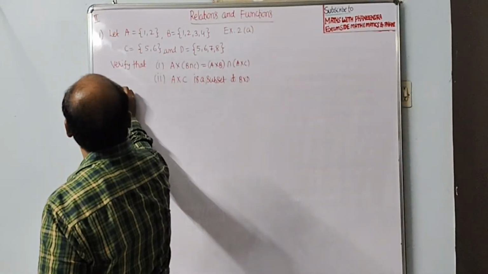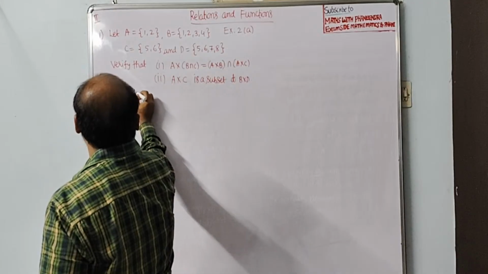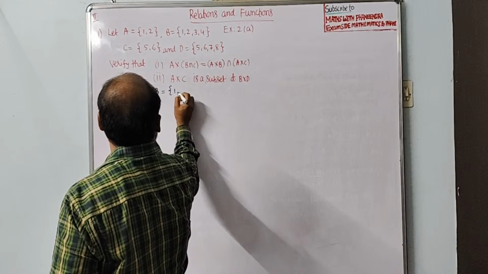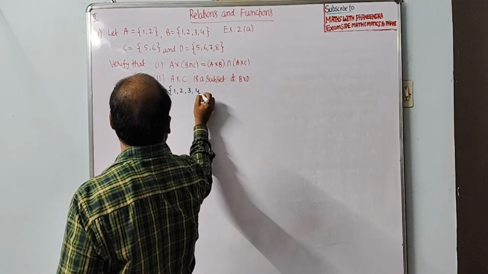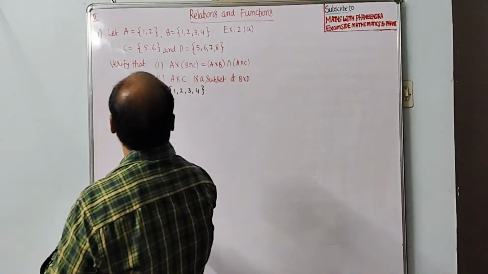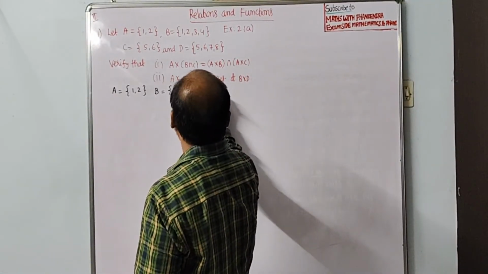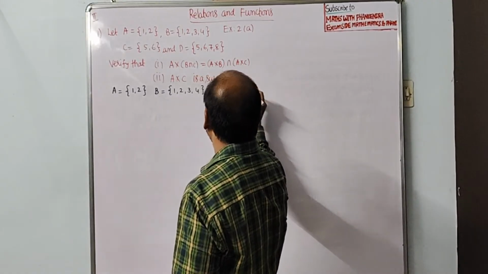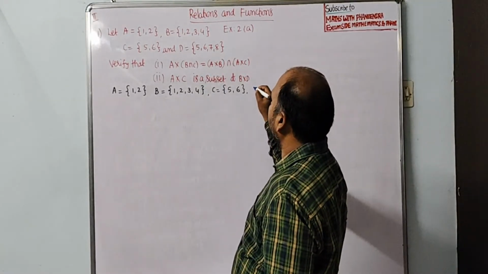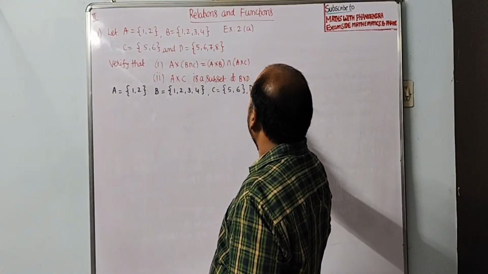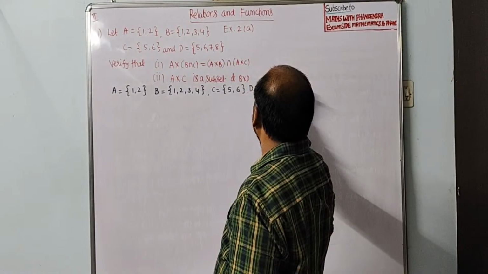So first, given sets A equal to {1, 2}, B equal to {1, 2, 3, 4}, next C equal to {5, 6} and D equal to {5, 6, 7, 8}.